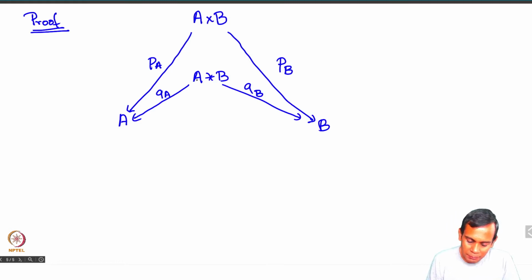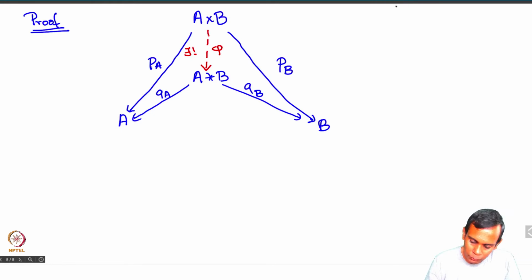So since A star B, QA, QB is a product, there exists a unique arrow phi, which goes from A cross B to A star B and makes this diagram commute.